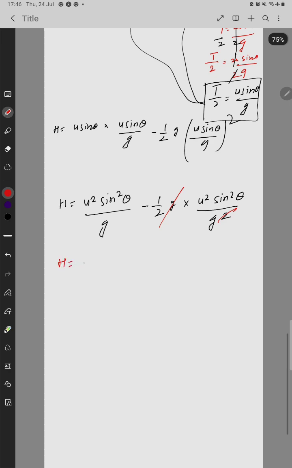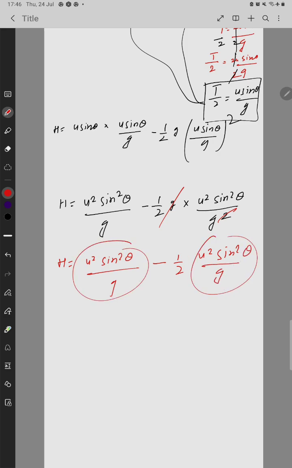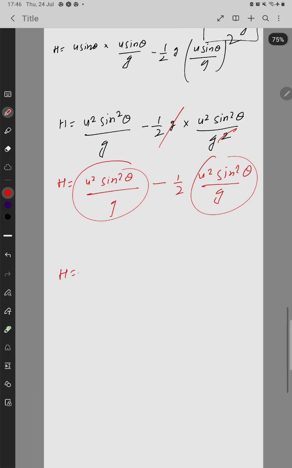So h is equal to u square sin square theta by g minus 1 by 2 u square sin square theta by g. This term and this term are common, so h is equal to u square sin square theta by g, in brackets 1 minus 1 by 2.